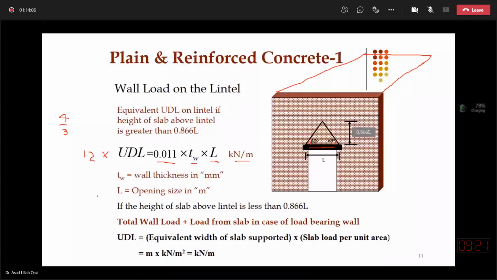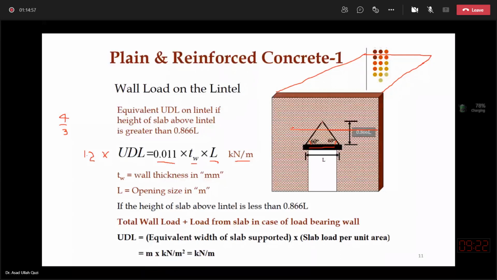It is mentioned underneath that if the apex of the triangle is being intercepted by the slab above, suppose the slab is at this place and the complete triangle is not formed, then you have to assume the entire slab load over the lintel, because now this apex is not well below the slab height.